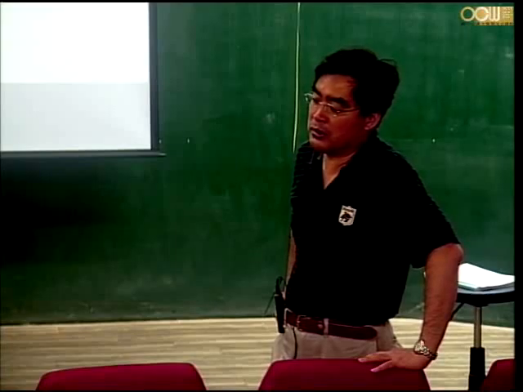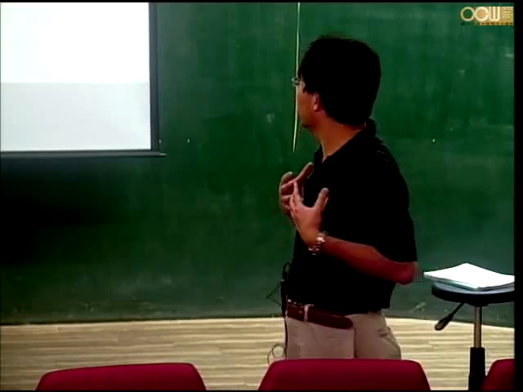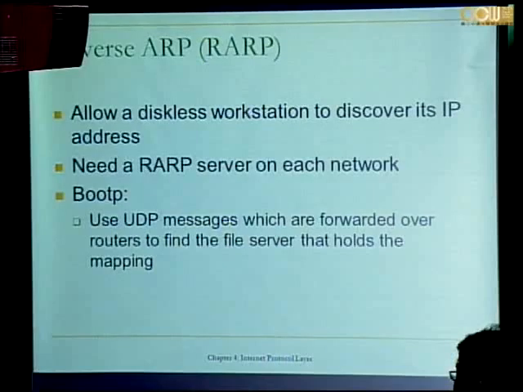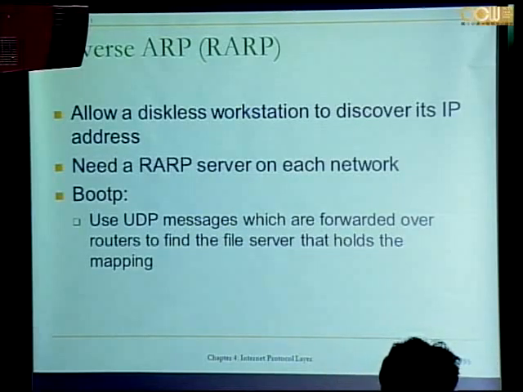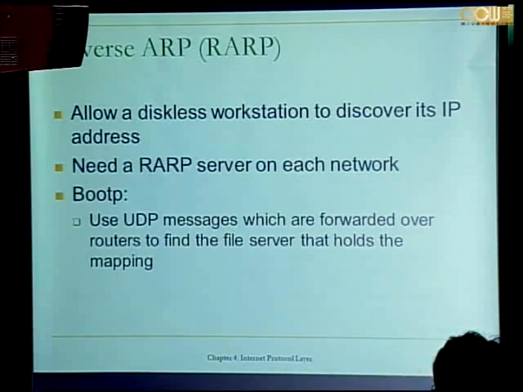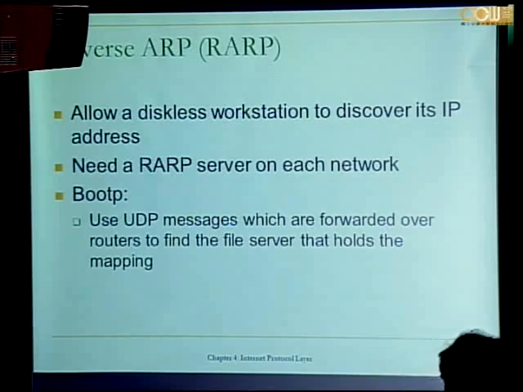So what happens is that I am a diskless station, and I know my MAC address because it is on my interface. So I can issue some codes to find out my MAC address, but I don't know my IP address. But on this subnet, there is supposed to be one station, which is called the RARP server.